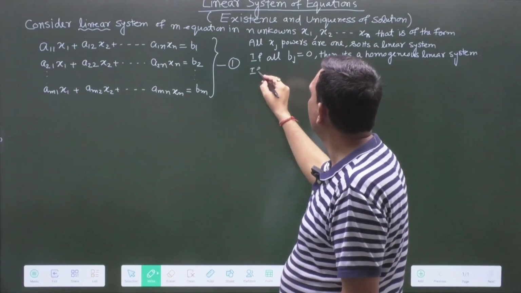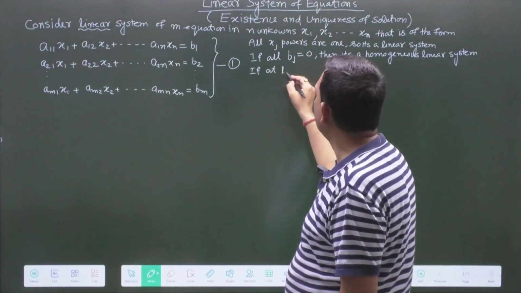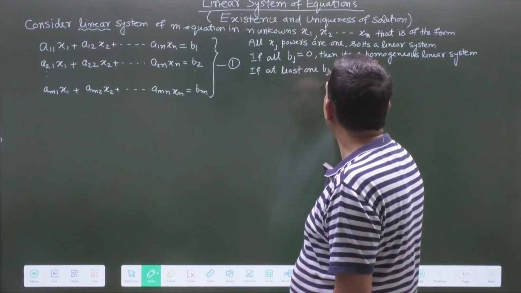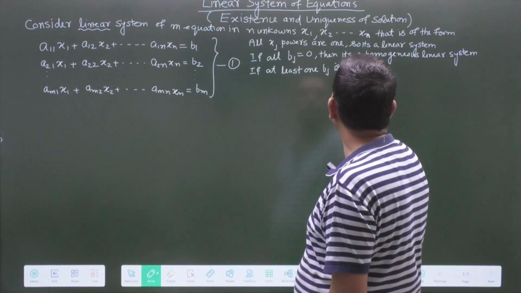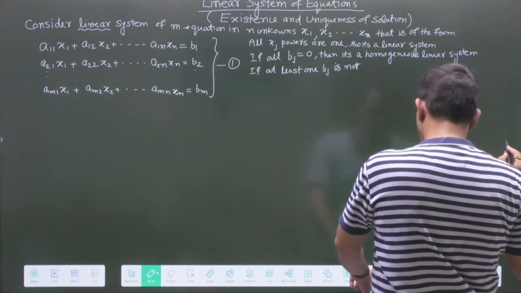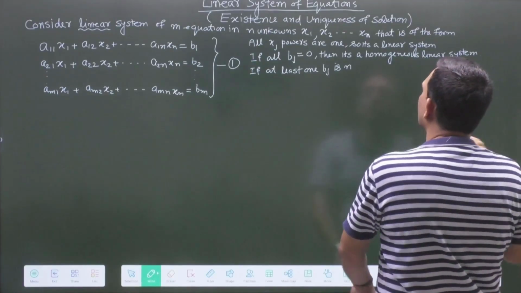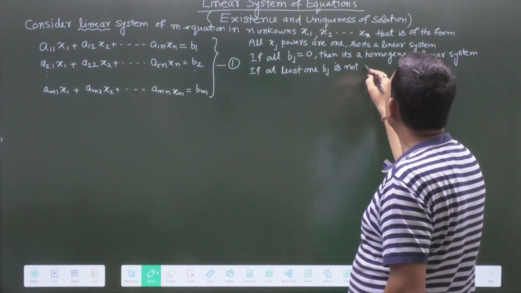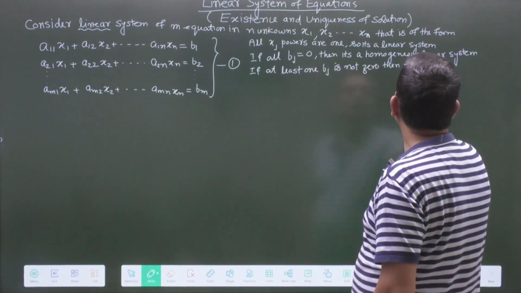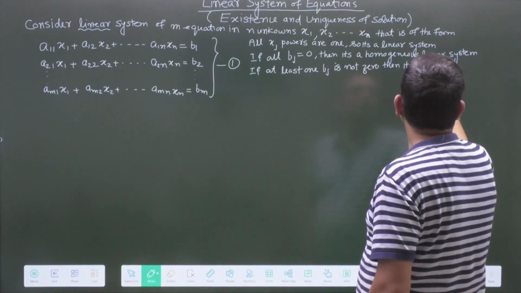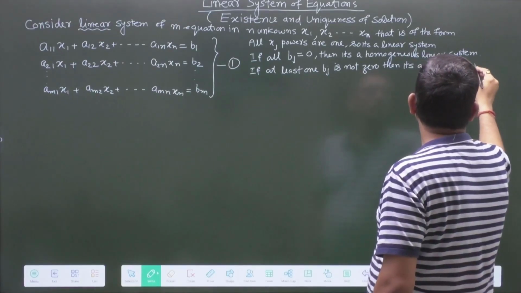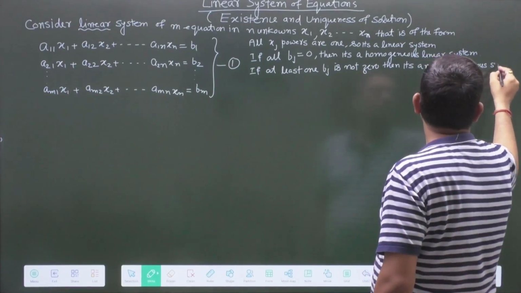If at least one bj is not 0, then it's a non-homogeneous system.